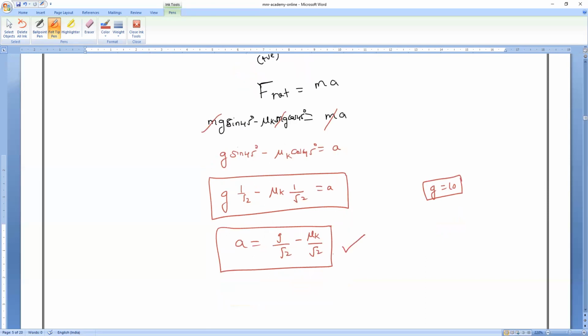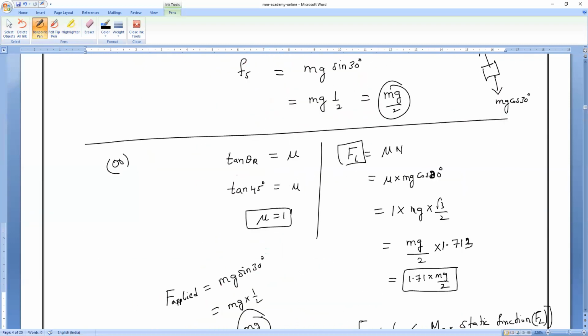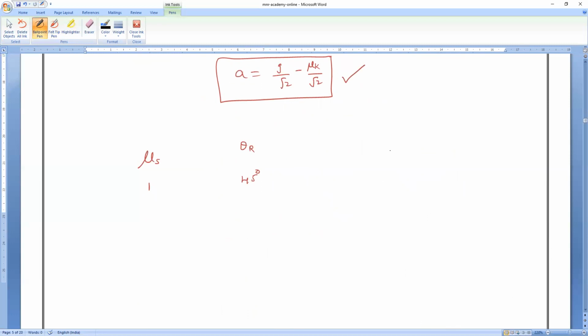Now you all should solve. Keep one important thing in mind, and observe very carefully. If it is static friction and the value of mu is 1, then what is the angle of repose? We have just solved this question. Mu equal to 1 means the angle of repose is 45 degrees.